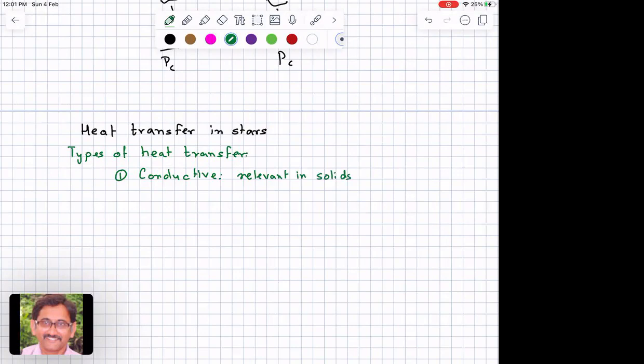And not in the case of stellar physics and most astrophysical scenarios. Maybe it is relevant for the interior of planets, not the atmosphere, but inside the core and so on. There it may be, but not otherwise.